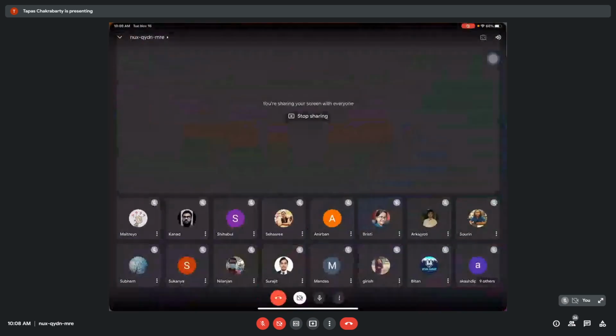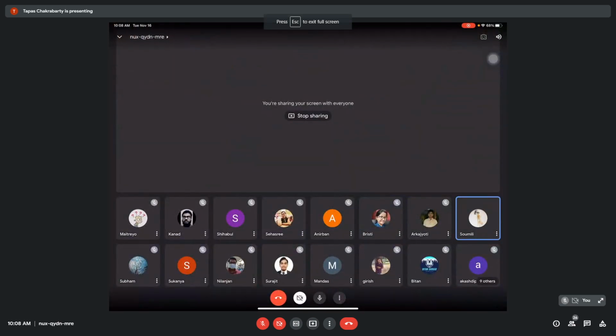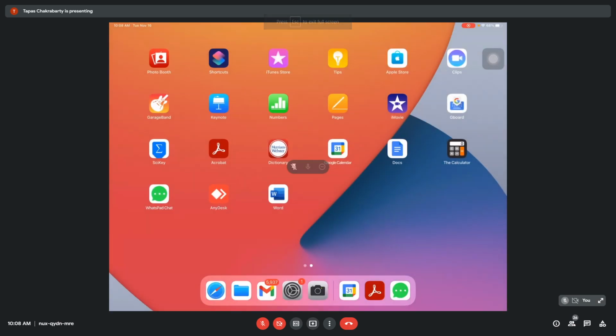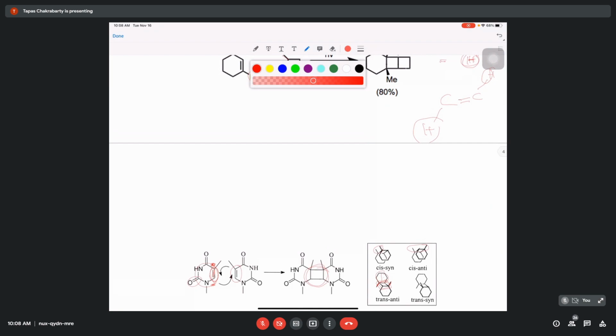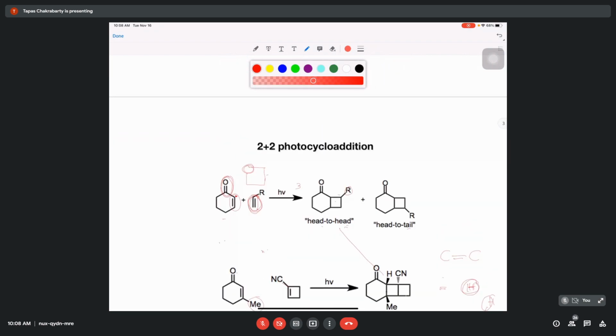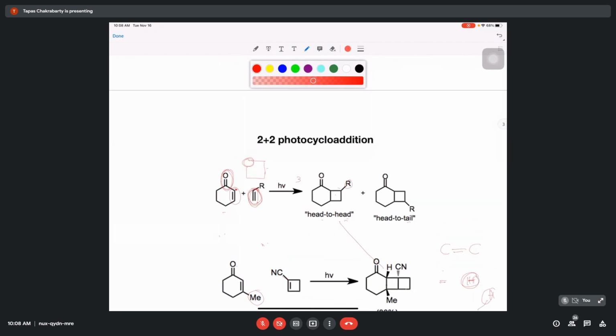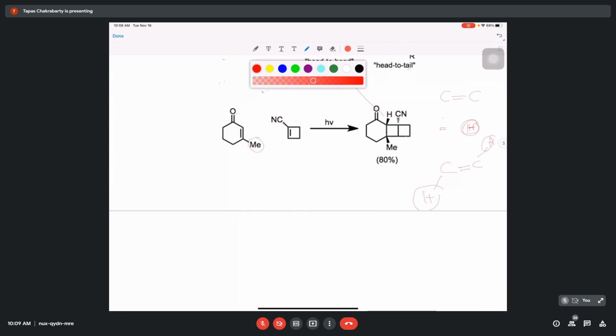And so, sir, why are DNA bases more chemically sensitive compared to the aromatic side chains of proteins? Well, as I just told you, the common experience is this 2+2 cycloaddition reaction that has been shown here. Can you see my screen? Yes, sir. Okay.